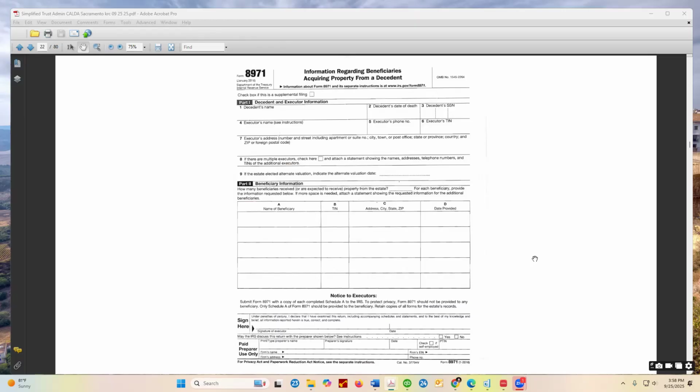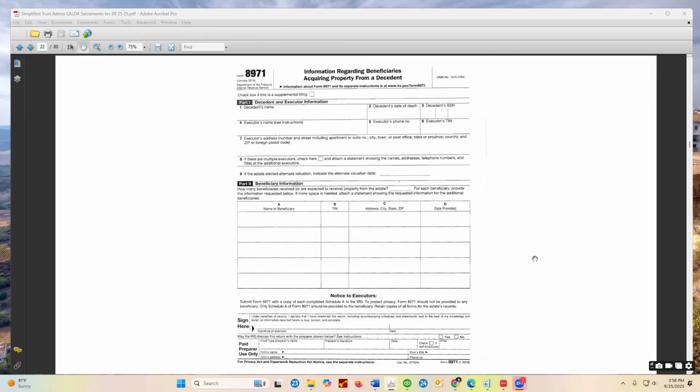The dollar amount needs to be determined by an appraisal. We generally use a licensed professional appraiser to issue a report. It is an expense for the administration of the estate.